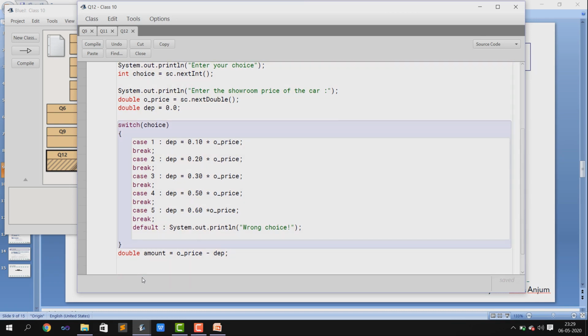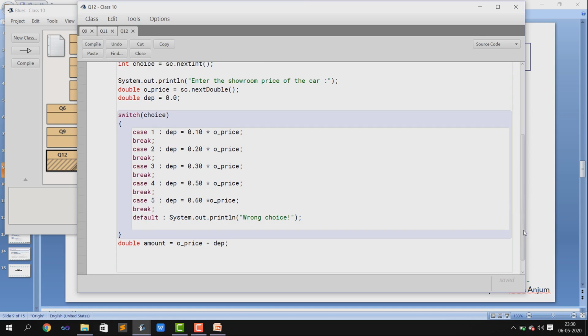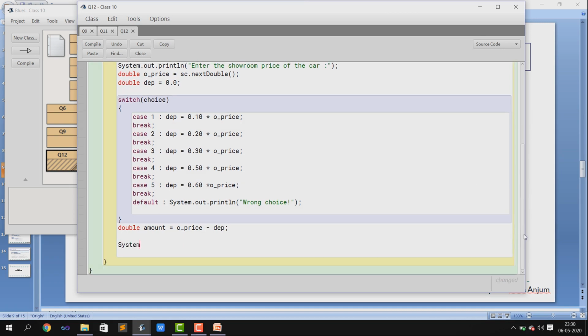Now what we are going to do, let us print everything on the screen. So system dot out dot println, and firstly the original price, that was your O underscore price.